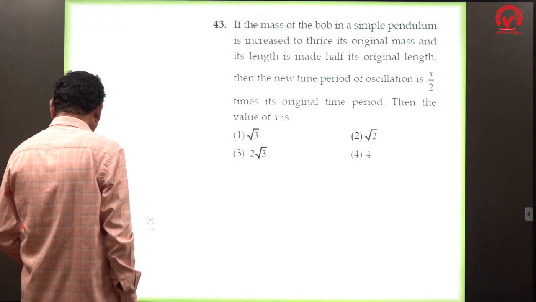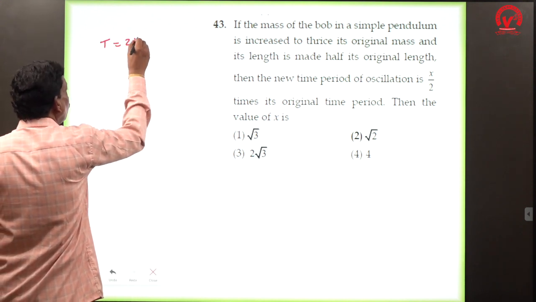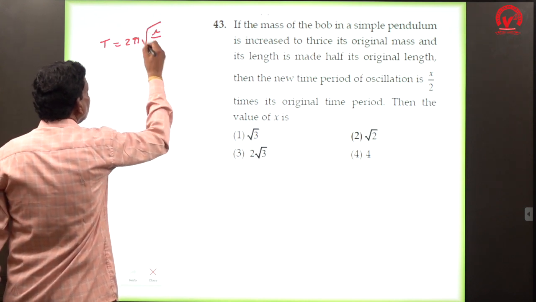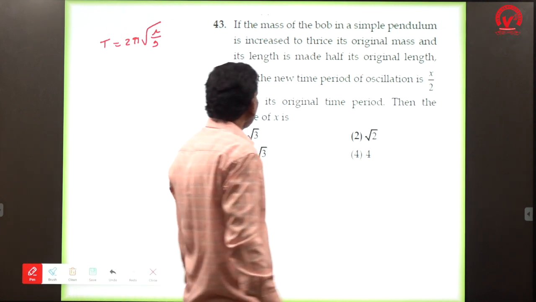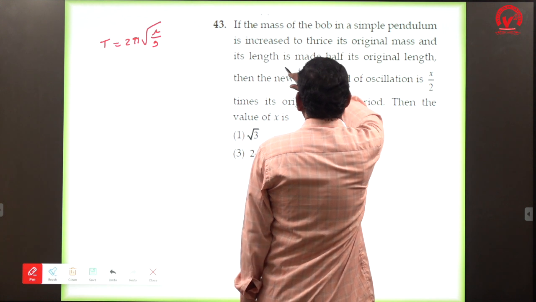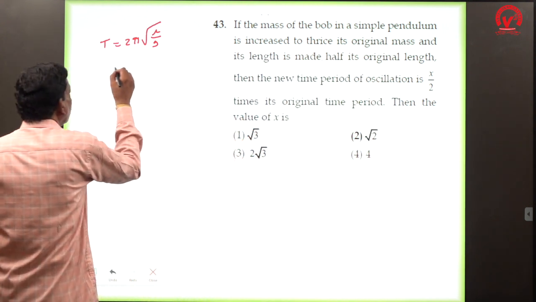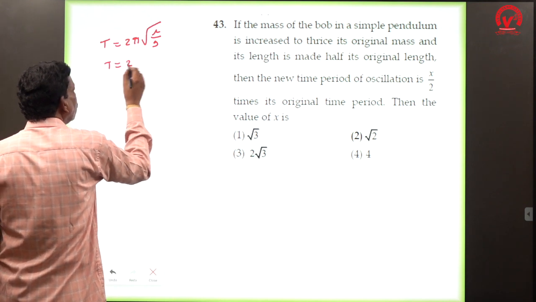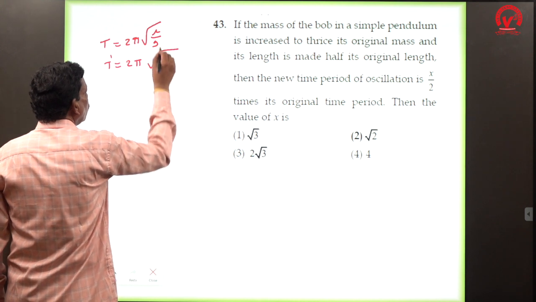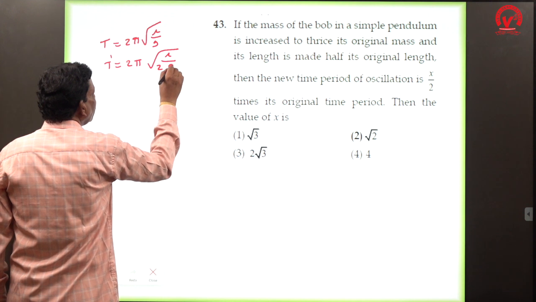Actually, time period T is equal to 2 pi root L by g. Here mass of the bob, so no need for mass here, and length is made half of its original length. T dash is equal to 2 pi root L by 2g.